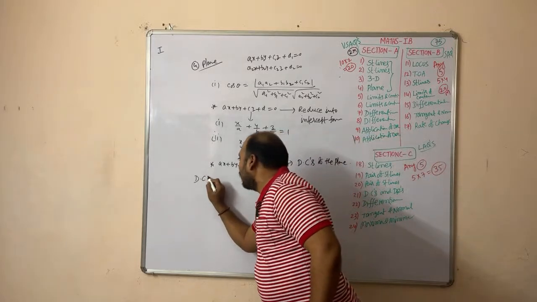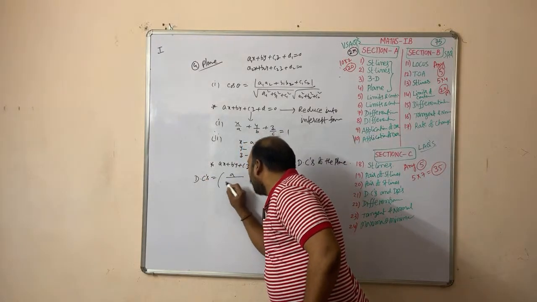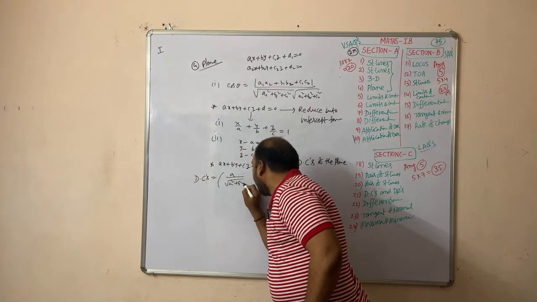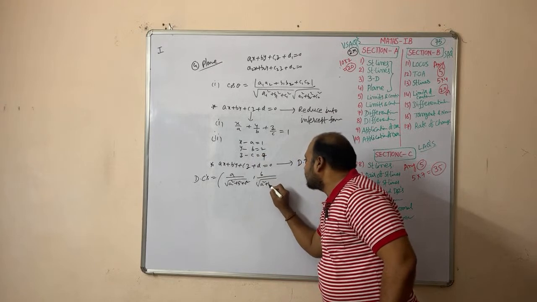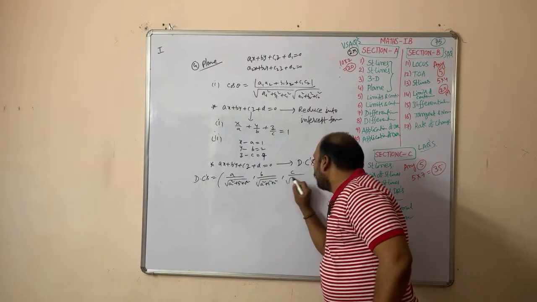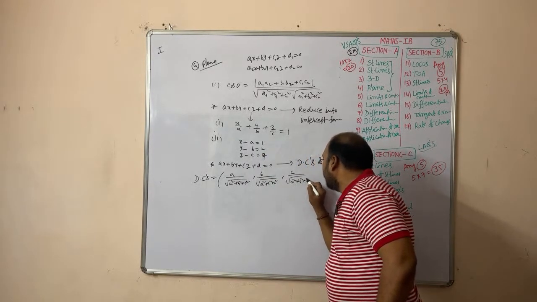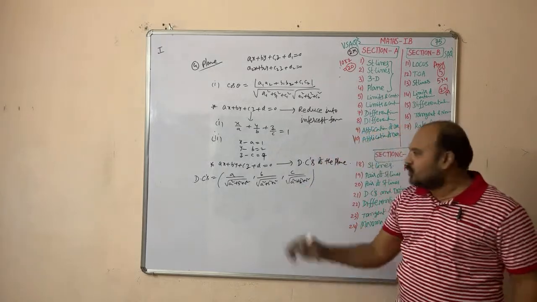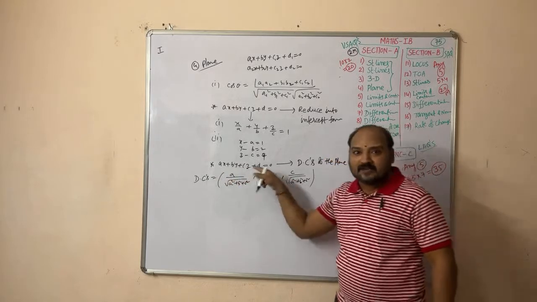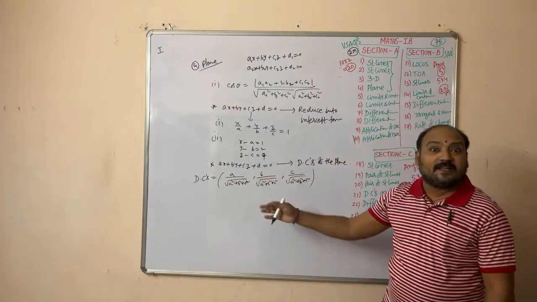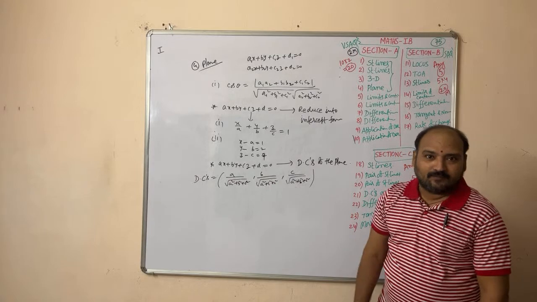I am directly giving the formula for you: a by root of (a square plus b square plus c square), comma, b by root of (a square plus b square plus c square), comma, c by root of (a square plus b square plus c square). This is the way you can find direction cosines when the plane is given like this. So, find the DCs of the normal to the plane.